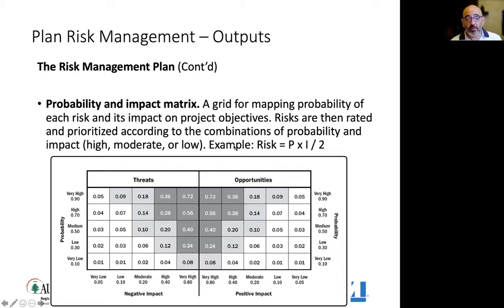So the risk score or risk exposure could be calculated depending on your organization. The simplest way of calculating the risk score is multiplying the probability times the impact. Other organizations might use probability times impact divided by 2.